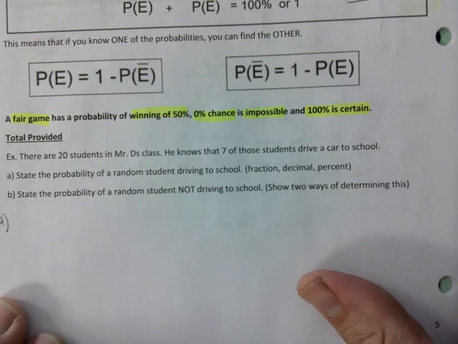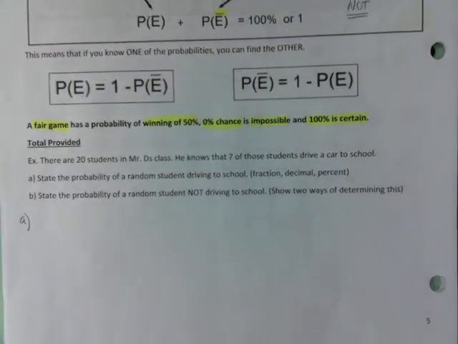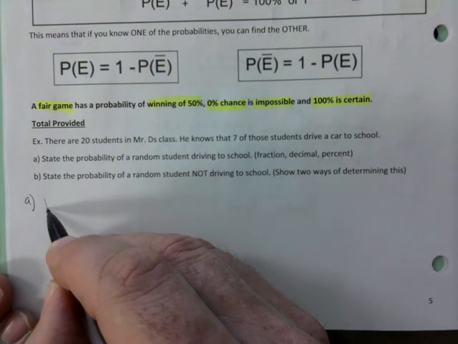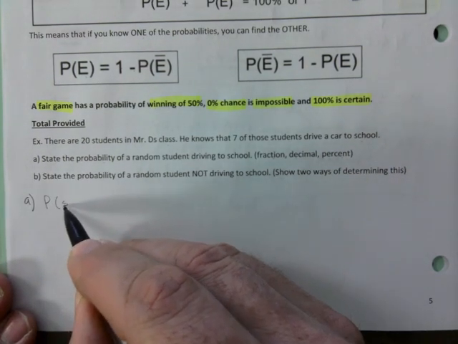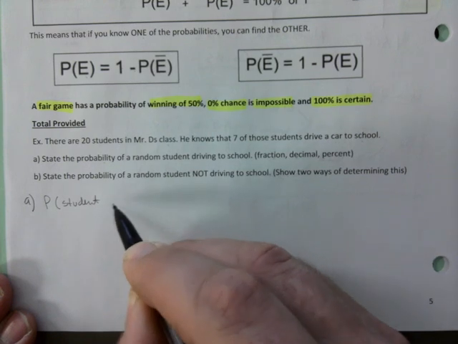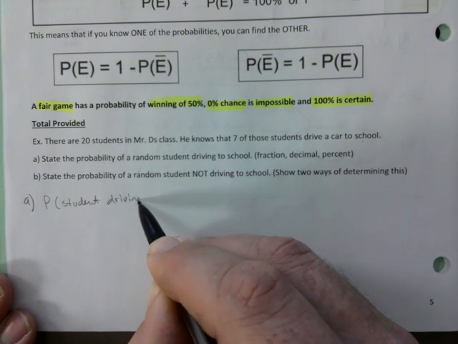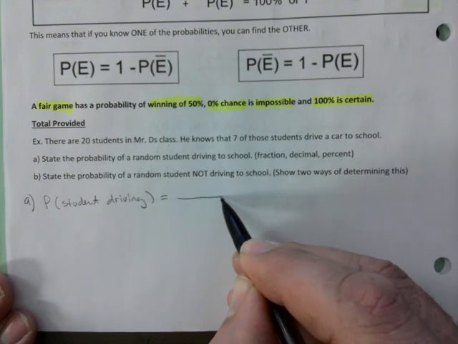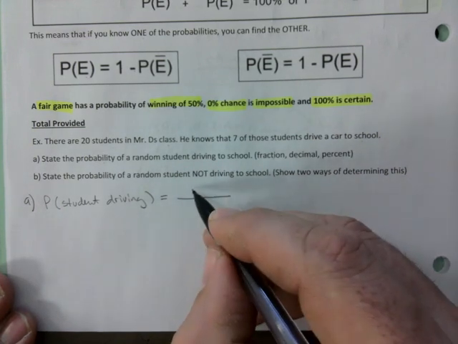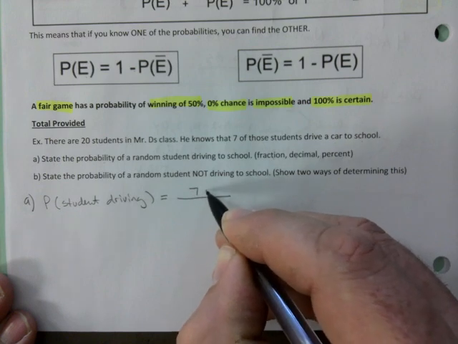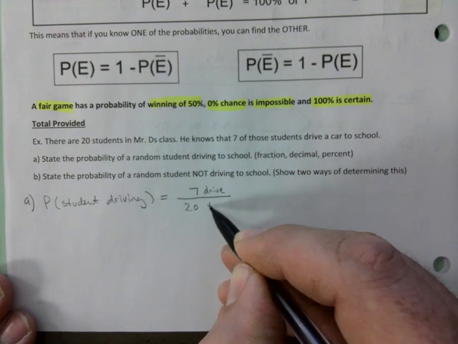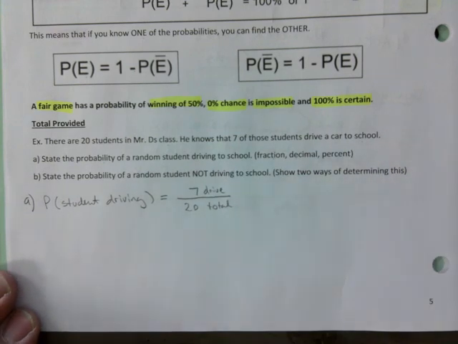Let's write it officially, with the proper notation for today. So probability of a student driving would be, how many drive? 7 drive out of 20 total. There are 20 students in that class.